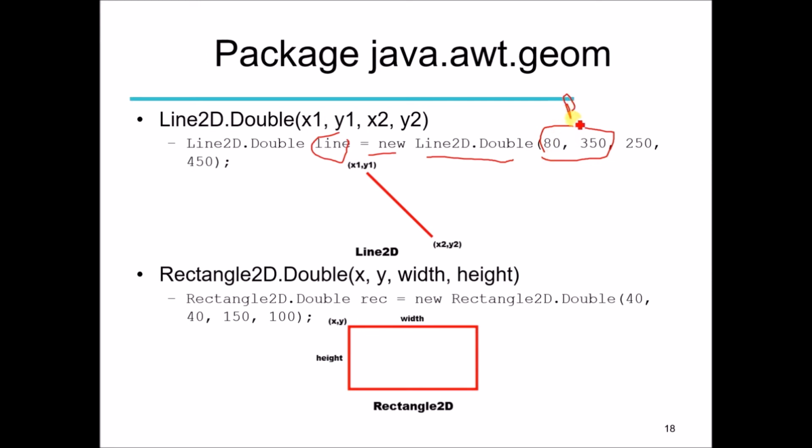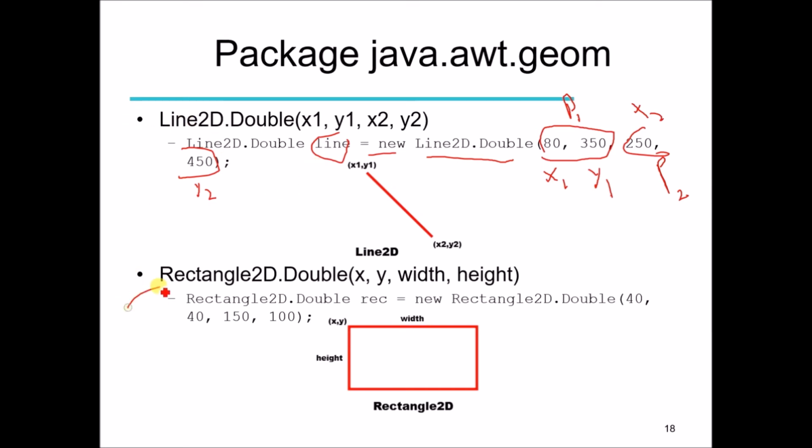These are the two coordinates x1 and y1 for the point p1, and then we have the two coordinates x2 and y2 for the point p2. They are going to be used to construct the line 2D double object, but right now it is only the object. We still have not drawn this object. We have to use a certain method to draw this object on the screen, because this is not that method. This is only the construction of the object by using the constructor of the class line 2D double.